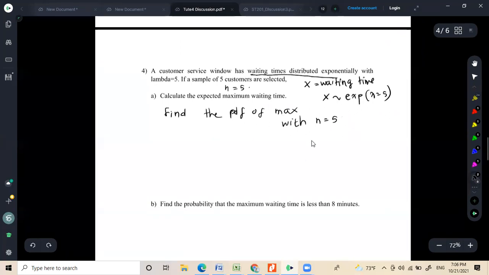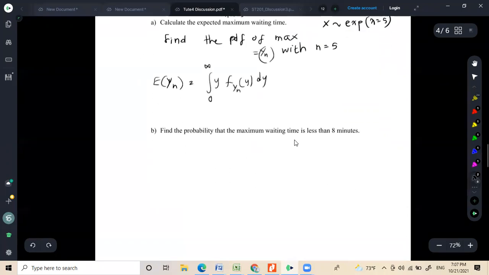And then you have to find the expected maximum, that is E of yn. Use your PDF, integrate y times the PDF of max. This is the exponential distribution, 0 up to infinity. So you can find the expectation.